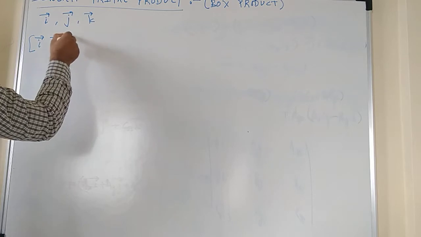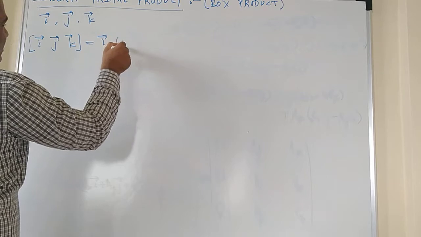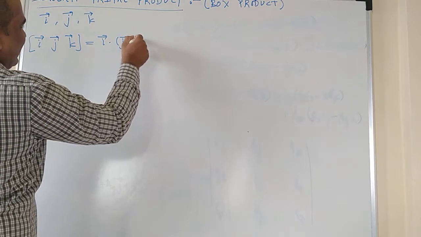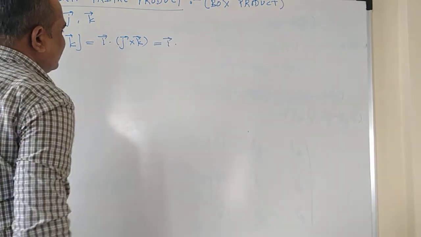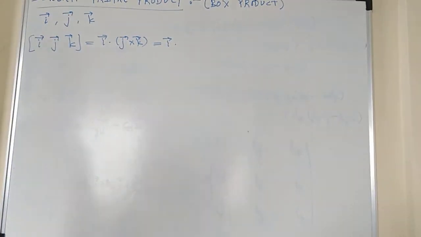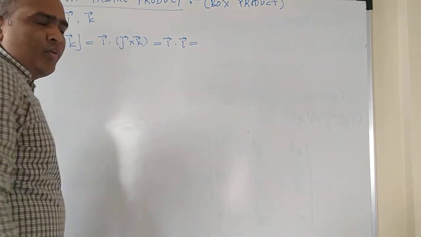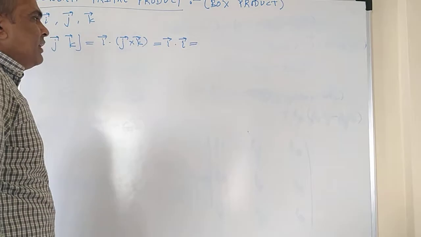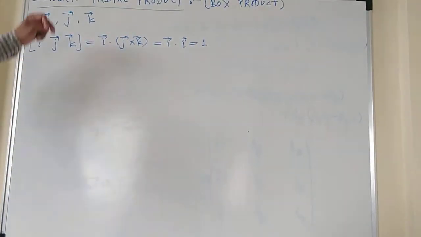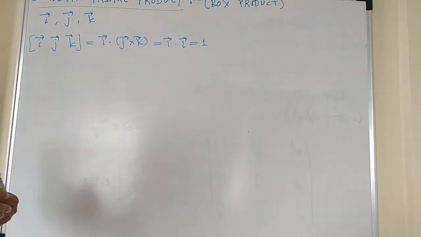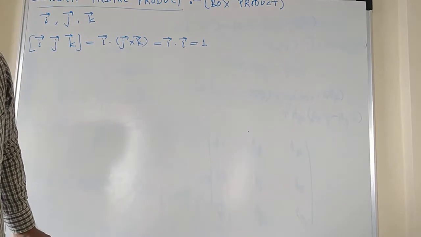This will give me i bar dot j bar cross k bar, and we have studied, I can write i bar as it is. What is j cross k? J cross k will be i, by using the properties of the cross product, or the vector product. So i dot i is 1, and hence I can say the scalar triple product of the unit vectors is 1. This is the first property of this one.